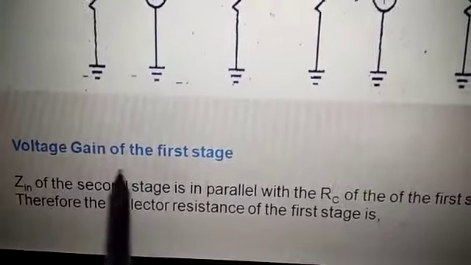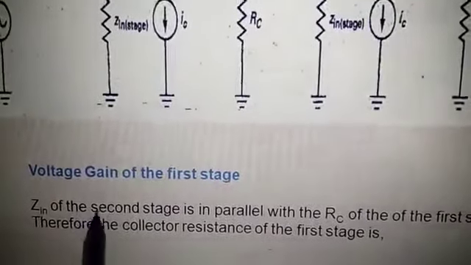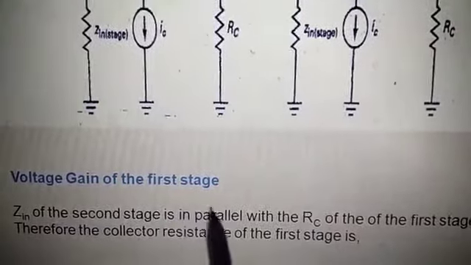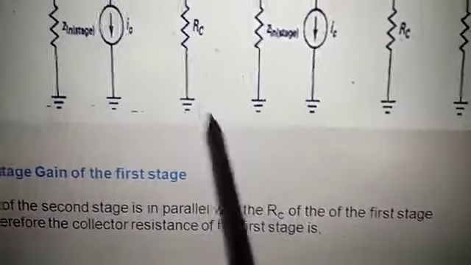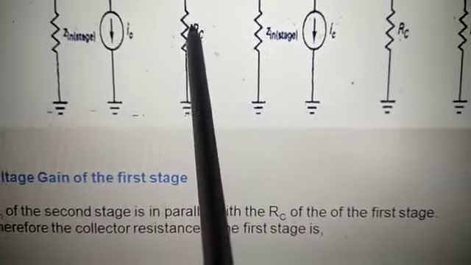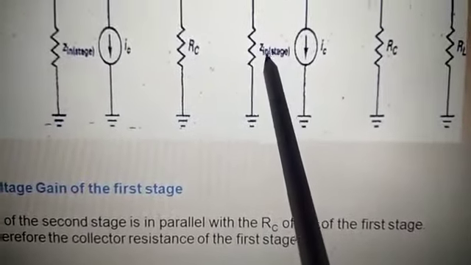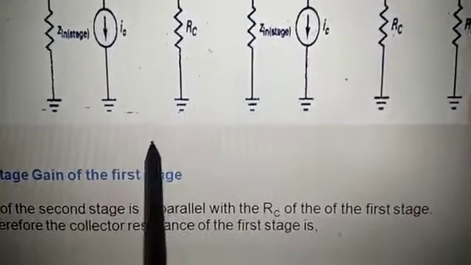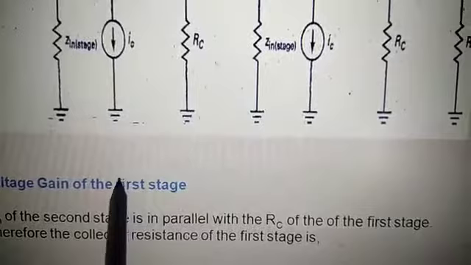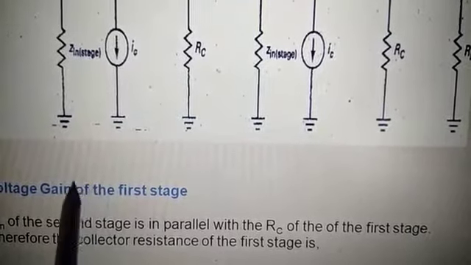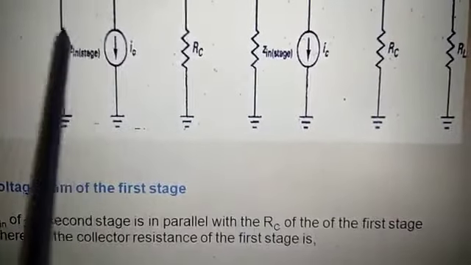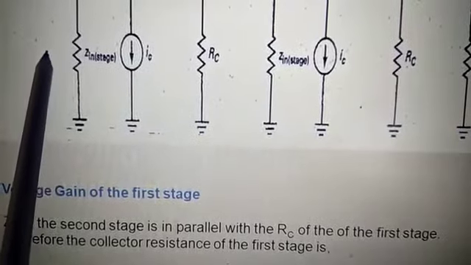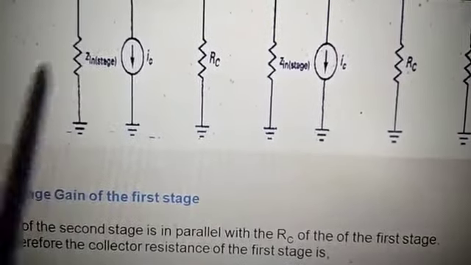Voltage gain of the first stage. Now Zin, that is the input impedance of the second stage, is in parallel with the RC of the first stage.